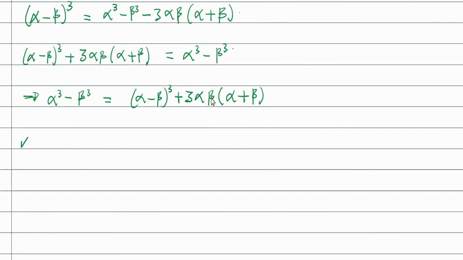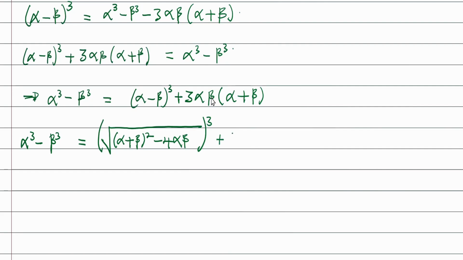Therefore, we can say that alpha cubed minus beta cubed is the same as the square root of alpha plus beta, the whole of it squared, minus 4 alpha beta, that is the alpha minus beta alone, but the whole of it is cubed, plus 3 alpha beta into alpha plus beta.